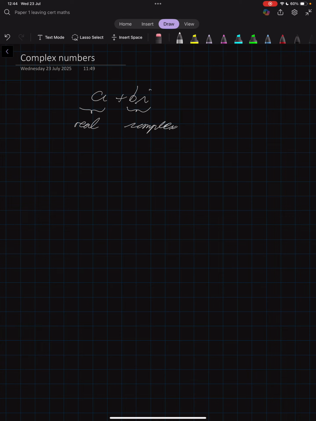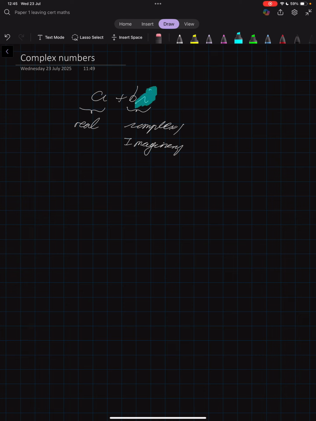You can either say complex or you can say imaginary, either or. The complex and the imaginary part basically stems from this i.